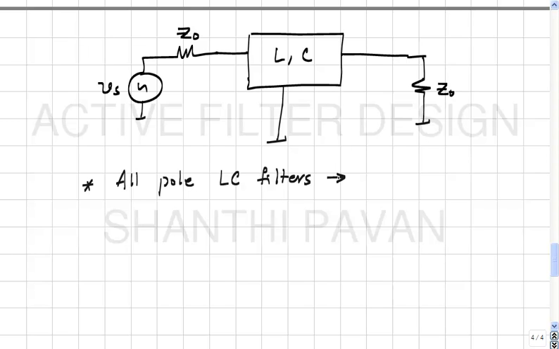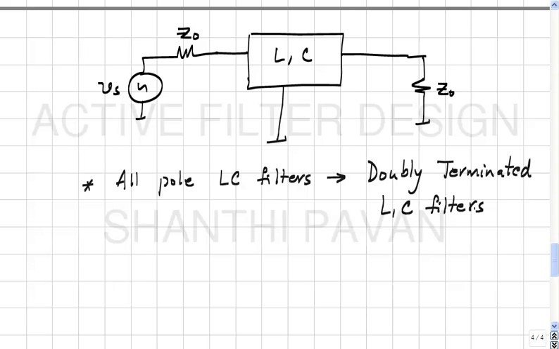This LC network is some kind of special network in the sense that it is terminated at both ends with resistors Z0. Such families of filters are what are called doubly terminated LC filters.